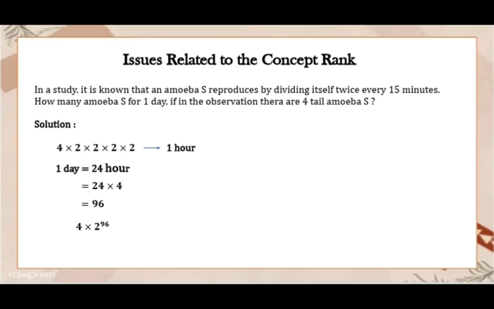If you are asked for one day, which is 24 hours, and in 1 hour you have already multiplied by 2 four times, we just have to multiply 24 times 4. So this is 96. So we multiply by 2 ninety-six times. So 4 is multiplied by 2 to the power of 96.